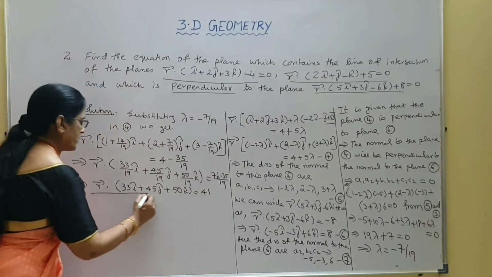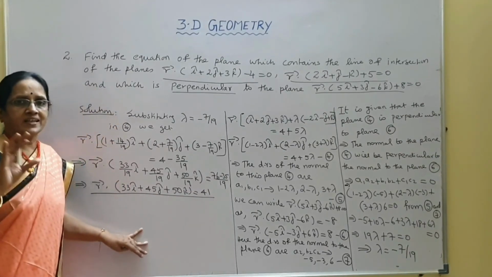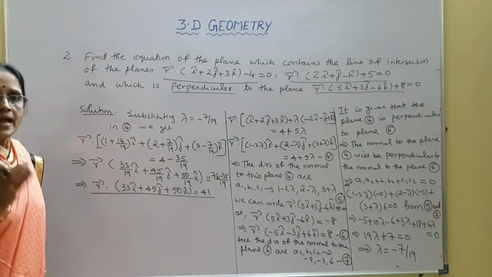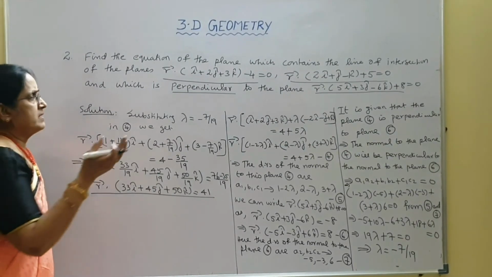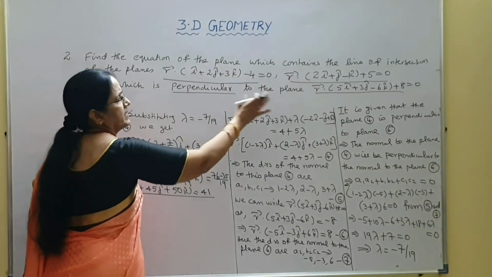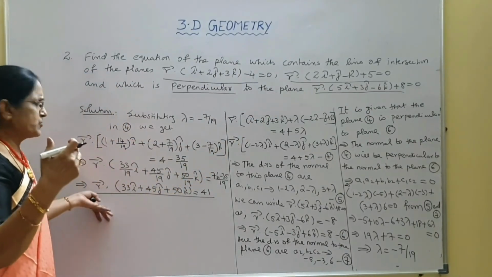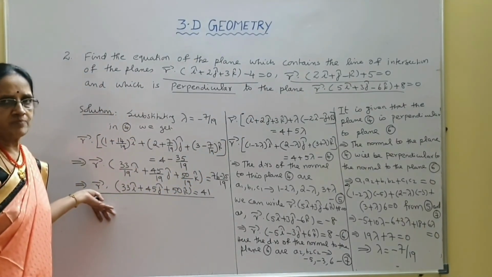So, this is going to be the required vector equation of the plane. Actually, nothing is mentioned in the question, but all the equations are given in vector form, so we can also give our answer in vector notation.